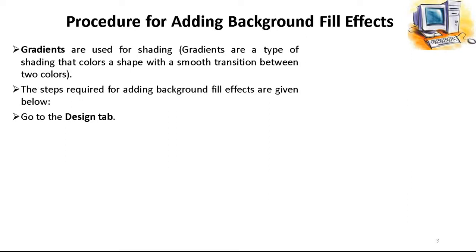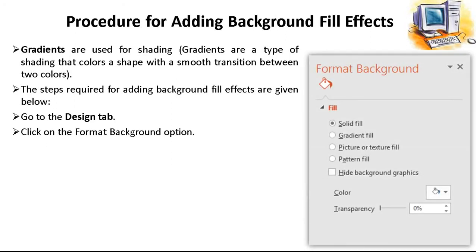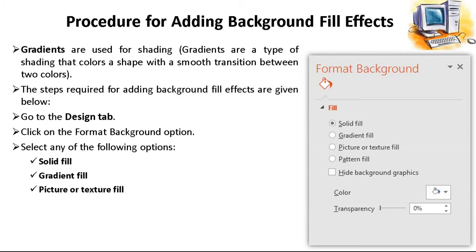First we have to move to the design tab in our Microsoft PowerPoint. Under the design tab there is a button with the name format background. We have to click on that option and this window will appear. Now we can select any of the following options which are listed here in this window, that is solid fill, gradient fill, then we have the picture or texture fill, pattern fill is also given.